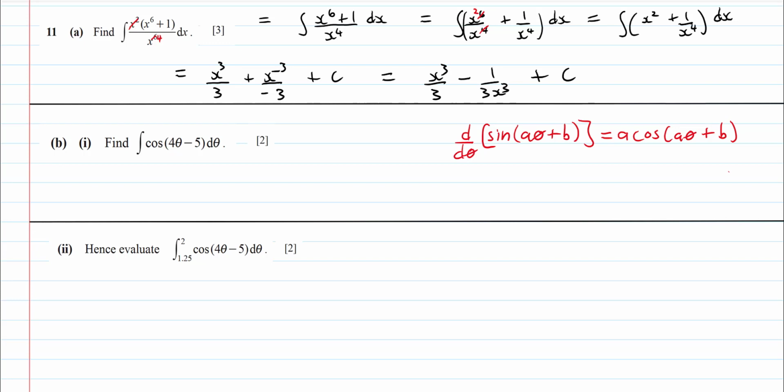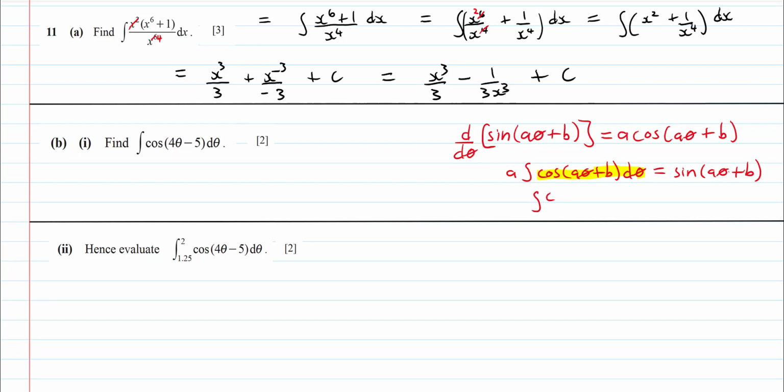So that means then if we integrate that, we'll take the a outside because that's a constant. So if we integrate a times cos of a times theta plus b with respect to theta, that means we're going to get sine of a times theta plus b, and we just want the integral of cos of a times theta plus b, so we just divide both sides by a.